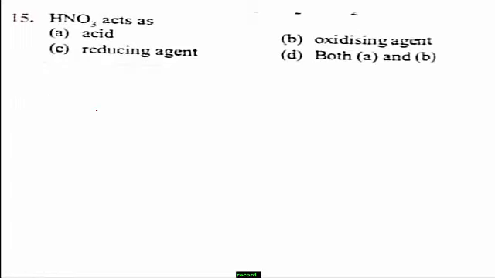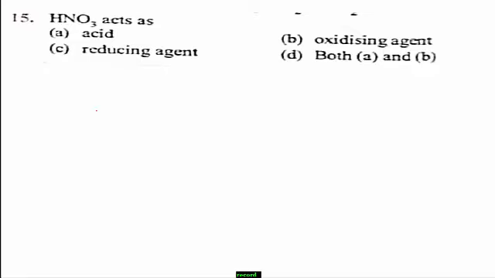Next, question number 15. Nitric acid, HNO3, acts as: option A, acid; option B, oxidizing agent; option C, reducing agent; option D, both A and B. Definitely HNO3 is one of the acids because the name itself indicates nitric acid.